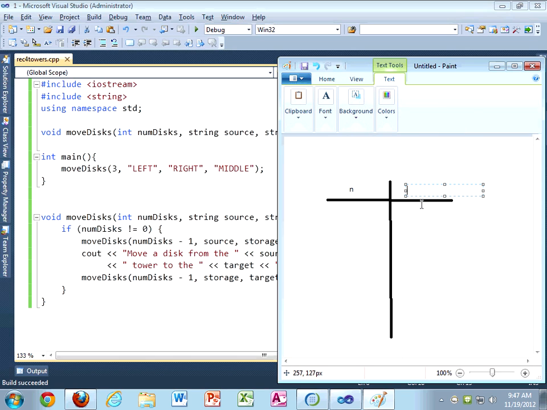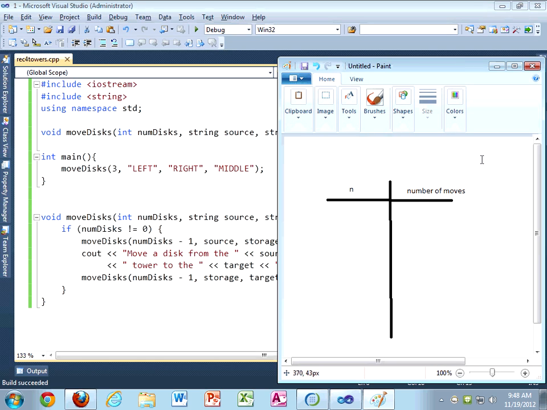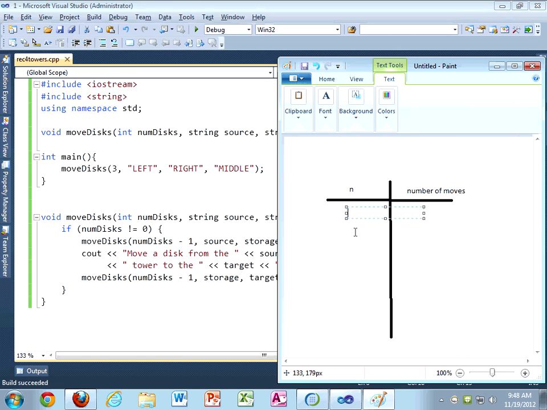So here I have n, and here I have number of moves. Okay? So the way that I like to figure this kind of thing out is just start with some simple examples, right? And work my way up and see if there's a pattern.